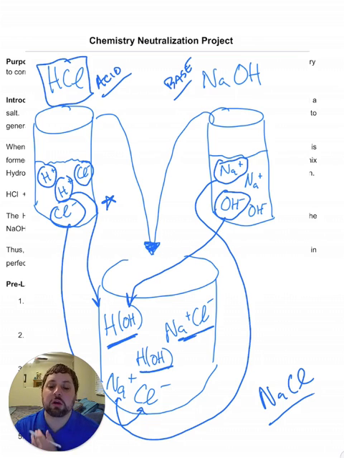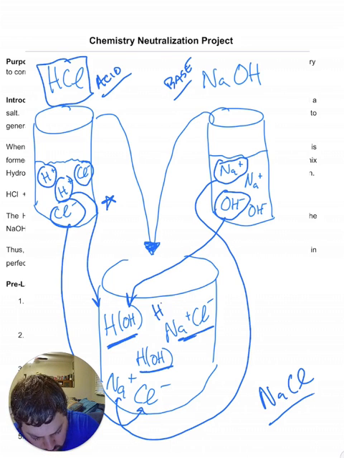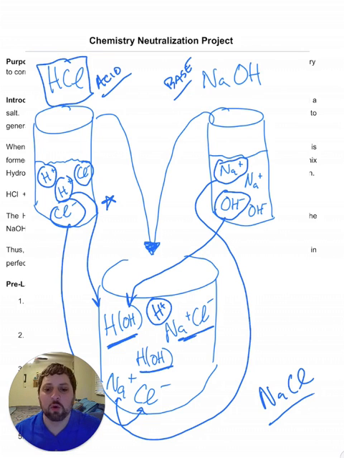So this is what we're talking about if it's mixed in perfect amounts. If it's not in perfect amounts, if it's just one extra H or one extra hydroxide, it's going to result in an acidic or a basic solution. So let's say, for instance, we put one extra hydrogen ion. Well, it doesn't have an OH to connect to, so it's not going to form water, but instead it will become acidic.